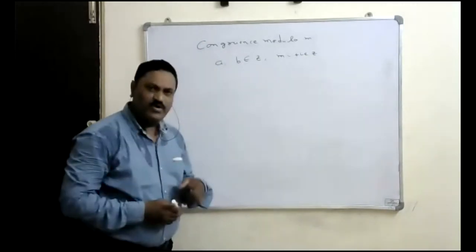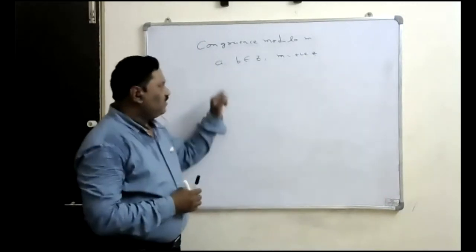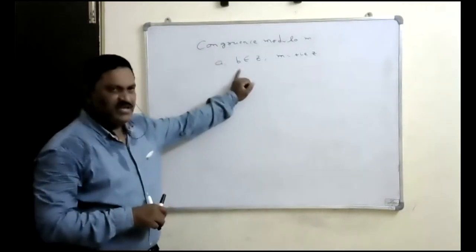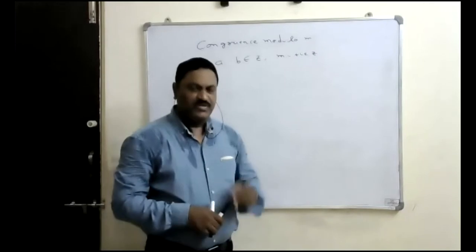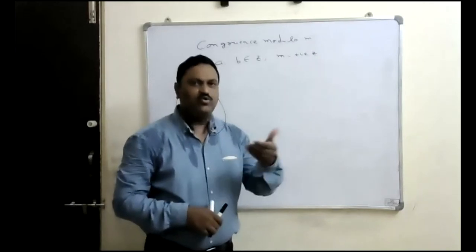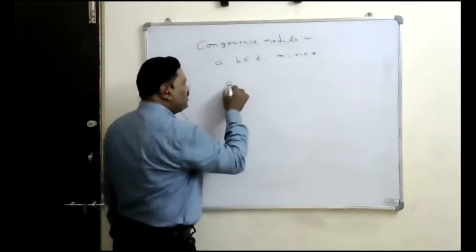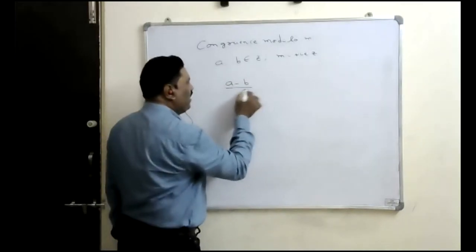if m is any positive integer, then a is said to be congruent to b of mod m if a minus b is divisible by m.